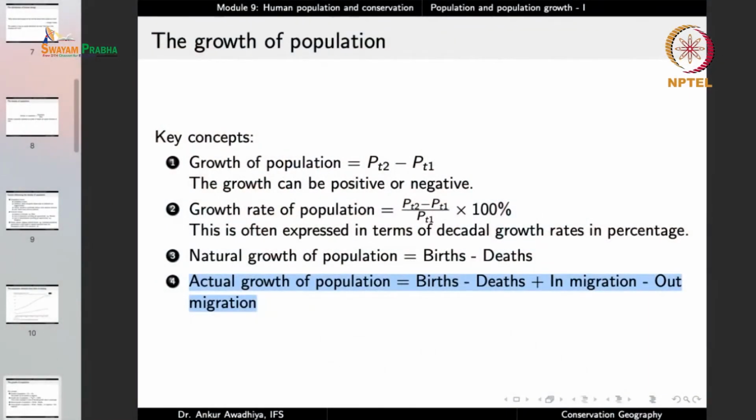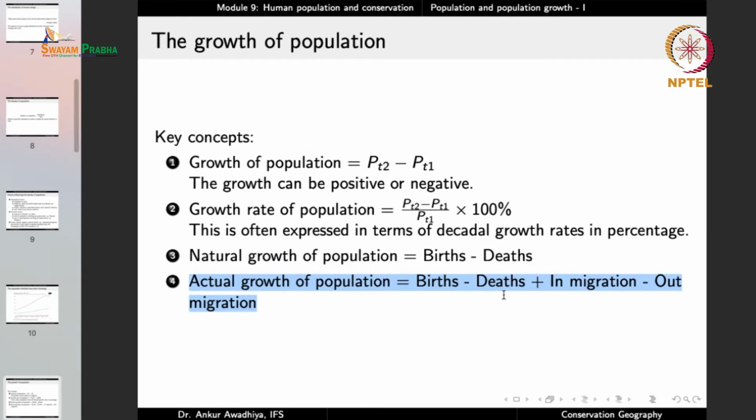So, for example, in our country, if somebody comes from another country and begins to live in our country, we will say that this is in migration. Whereas if certain people leave our country and start living in certain other countries, then we will say that this is out migration. So the actual growth of population is the natural growth plus changes because of migration.